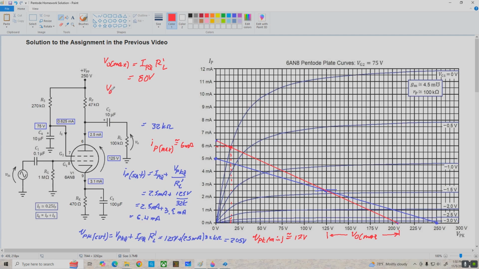And then VO min, our maximum negative output swing, is going to be the distance from VPKQ down to VPK minimum. Way over here it's 17 volts.